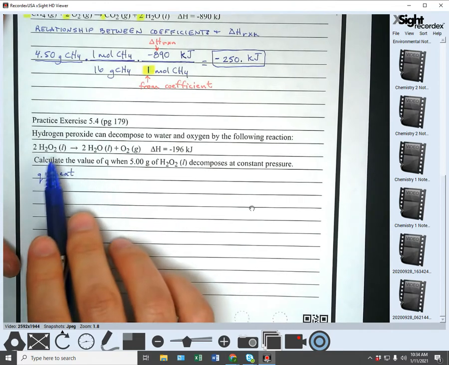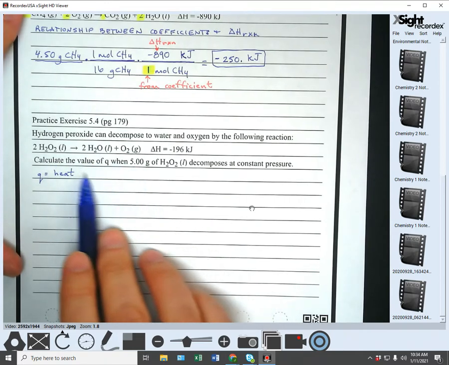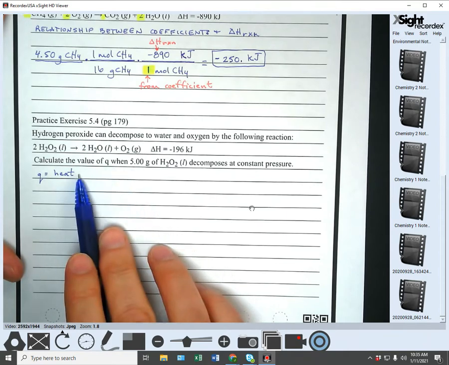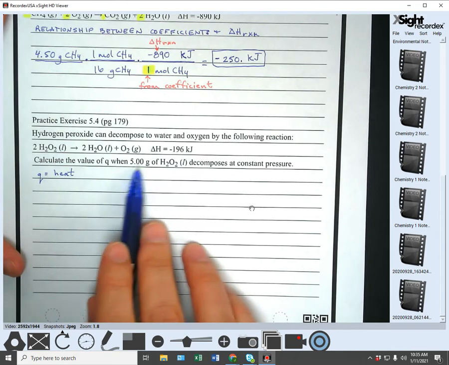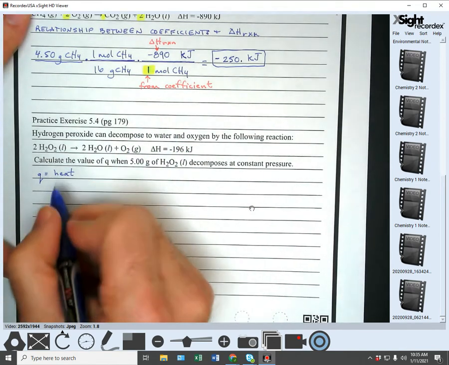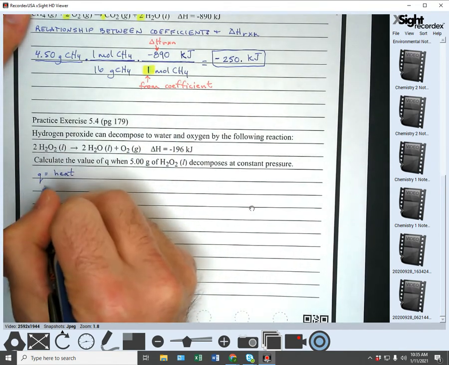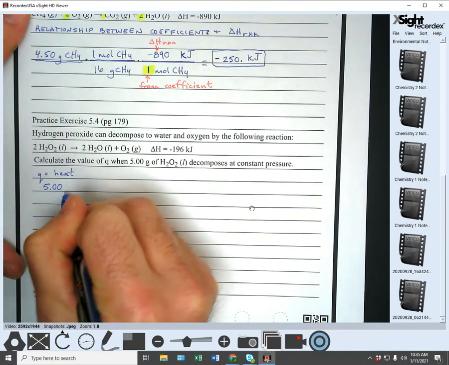All right, so we're looking for heat, which is just going to be energy in kilojoules or whatever. So we're doing basically the same thing we did up here. We're going to start with the 5 grams of the H2O2.